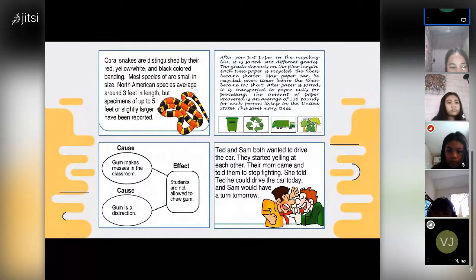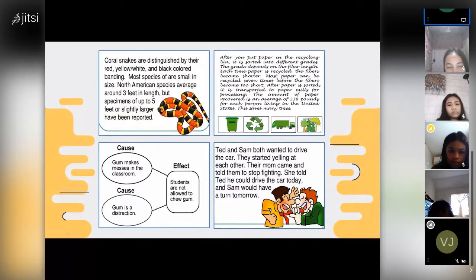Okay, let's start with Yuan. Yuan, how is the information organized in picture 1?